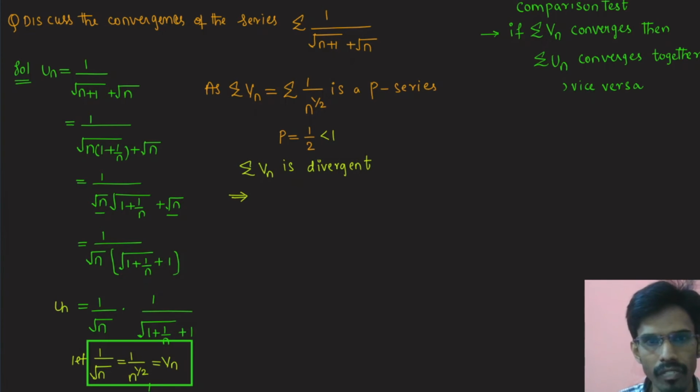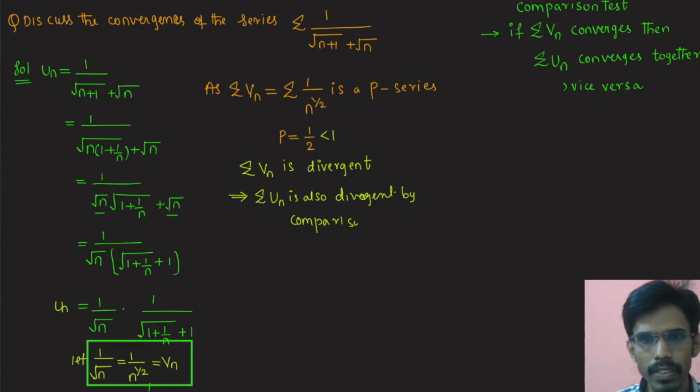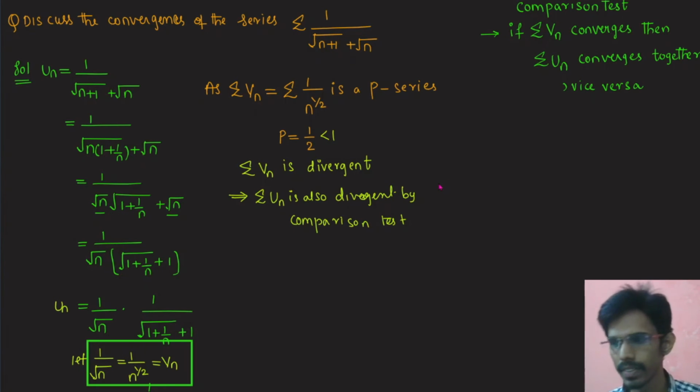That implies if sigma Vn diverges, then automatically sigma un is also divergent by comparison test. Since this comparison test says if one diverges, the other automatically diverges together. So this series diverges.